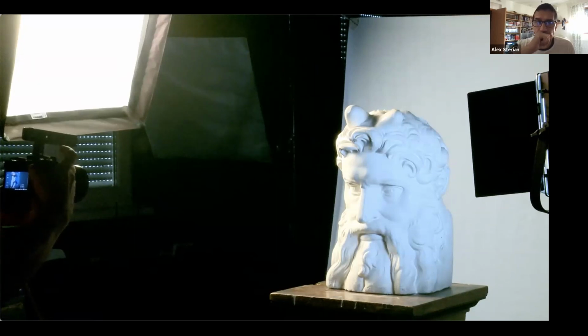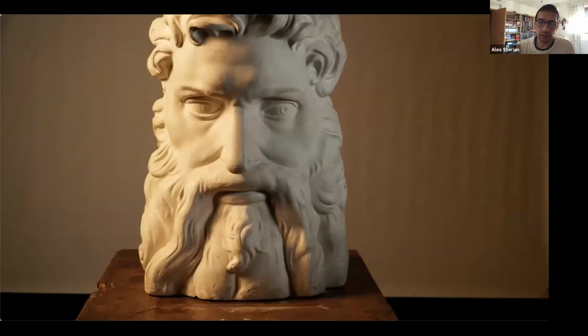So the first picture was taken with the white balance set to indoor, tungsten 3200, and this one is balanced to 5600.